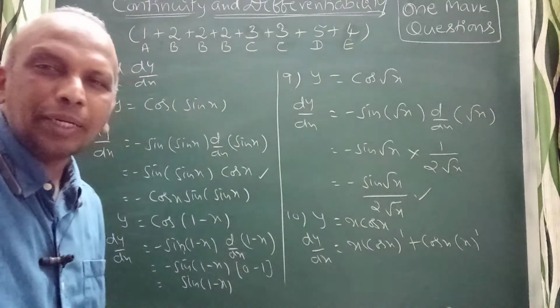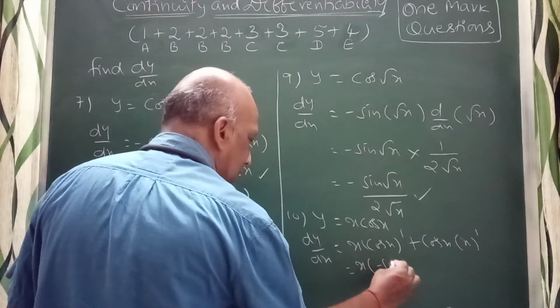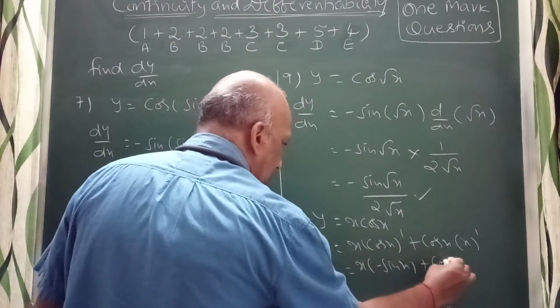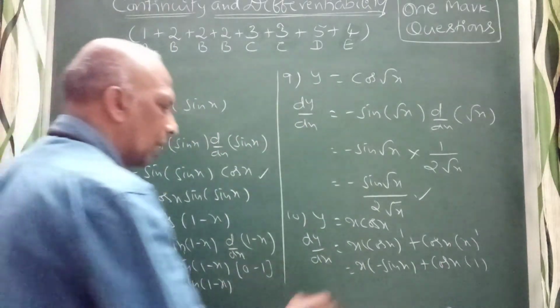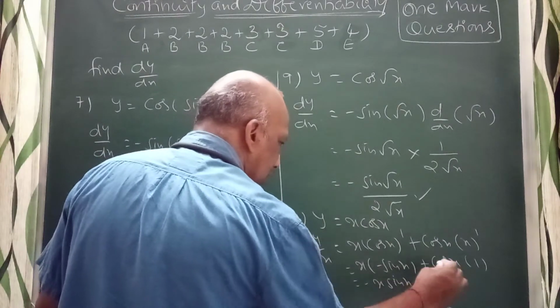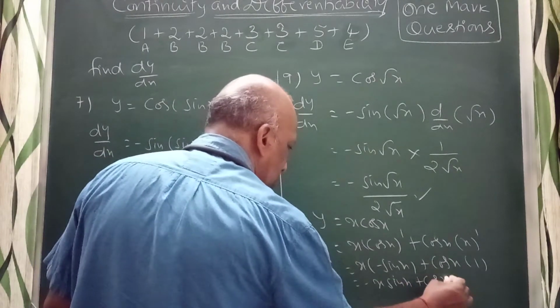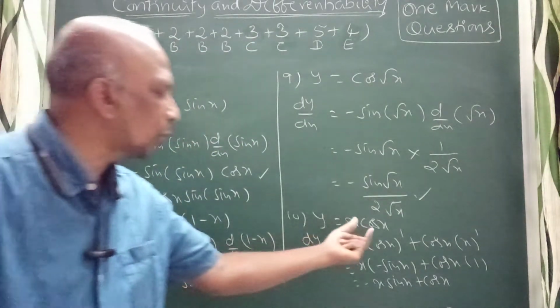That means x into derivative of cos x, which is minus sin x, plus cos x, since derivative of x is 1. I can simplify now: minus x sin x plus cos x. This is the product rule. I just explained the product rule here.